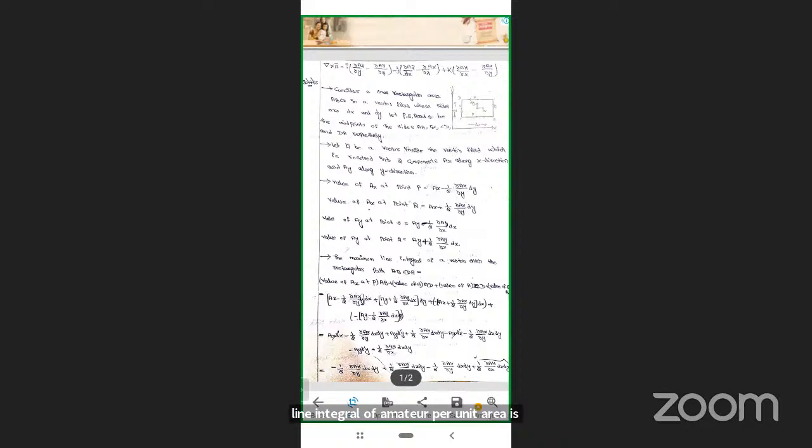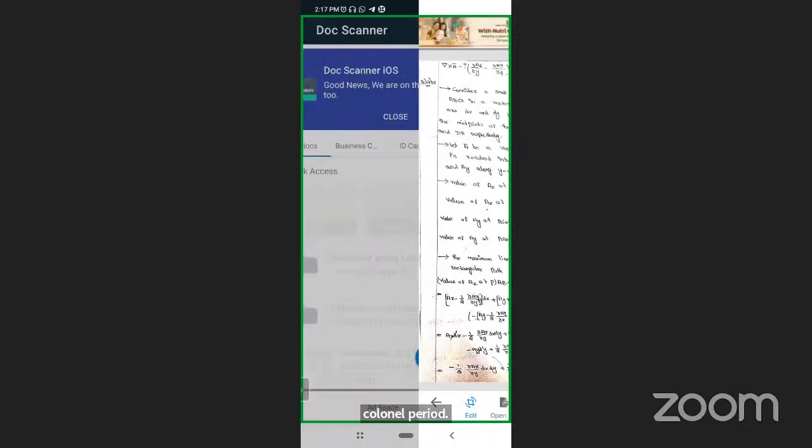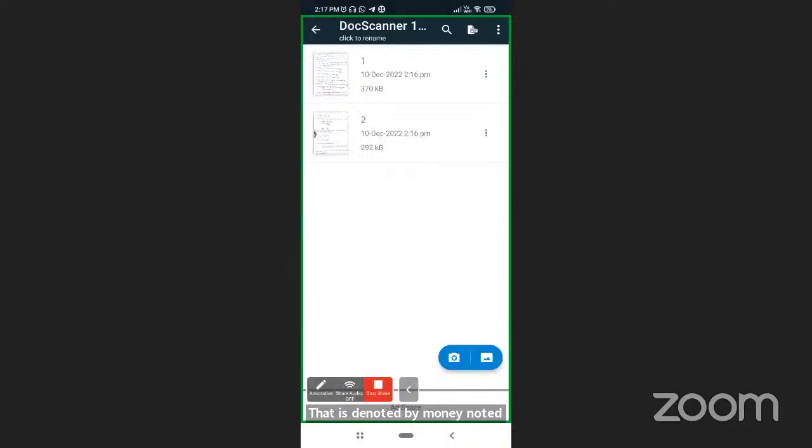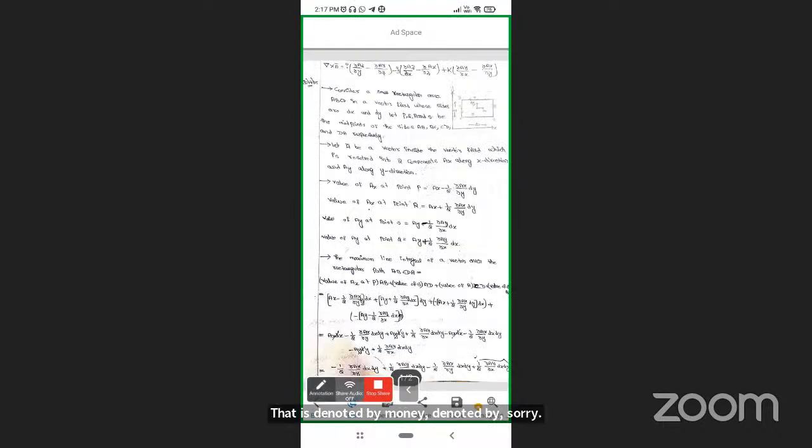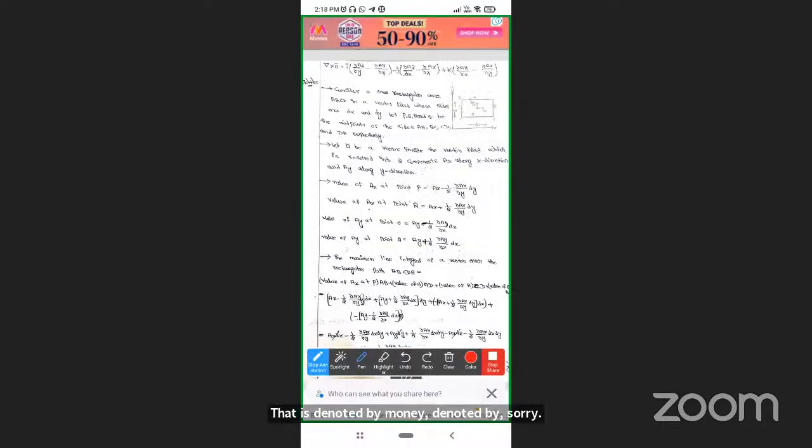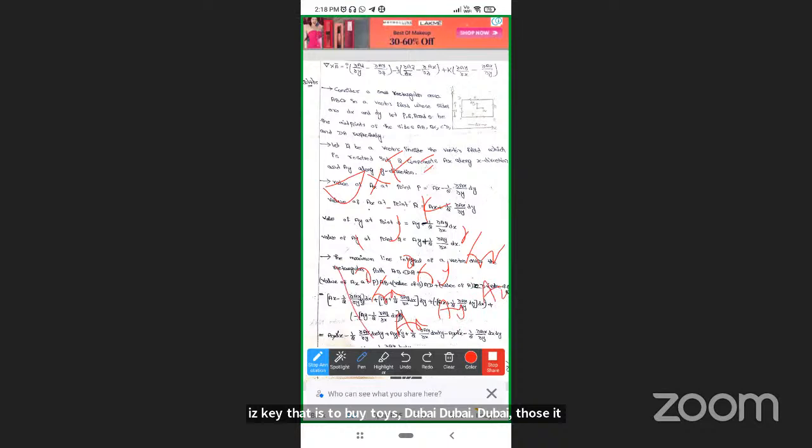It is denoted by del cross f, which is equal to the determinant of i, j, k; dou by dou x, dou by dou y, dou by dou z; ax, ay, az. This is the theorem of the curl of a vector field.